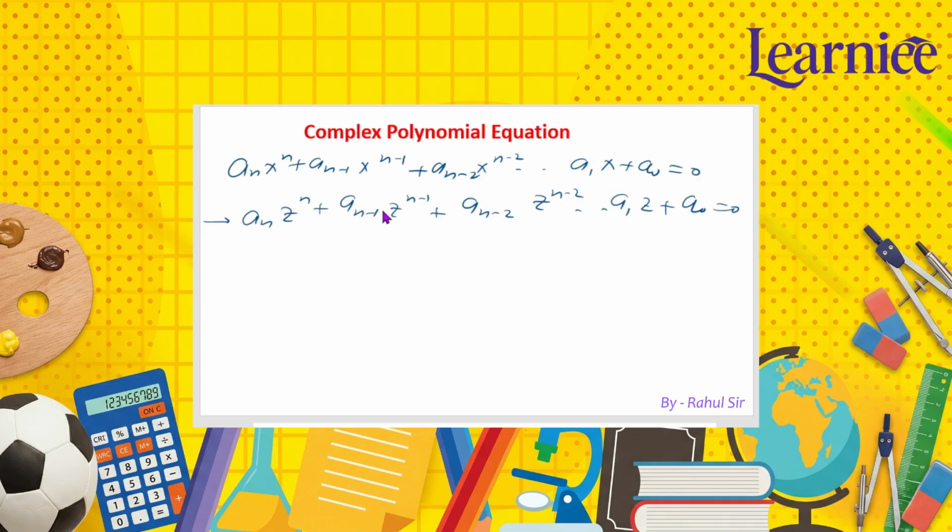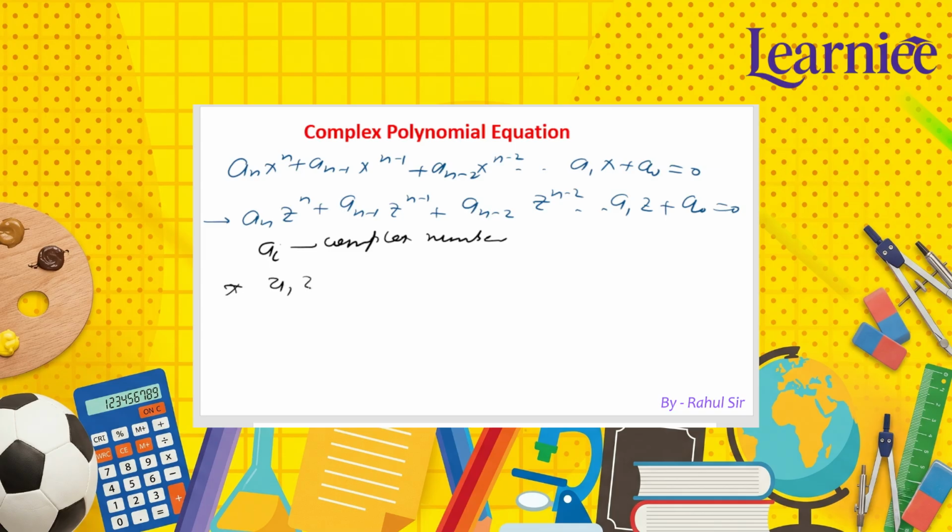In a complex polynomial, these coefficients are complex numbers. That's the interesting thing. And the method of solution is exactly the same, it is valid, the same as in the real polynomial.